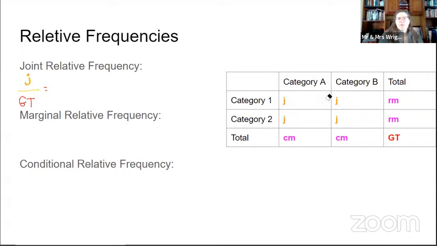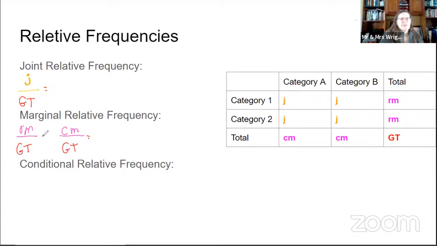Now, what about your marginal frequency? For marginal frequency, you're going to take the row marginal frequency or the column marginal frequency, and you're going to divide either one of those by the grand total, okay?